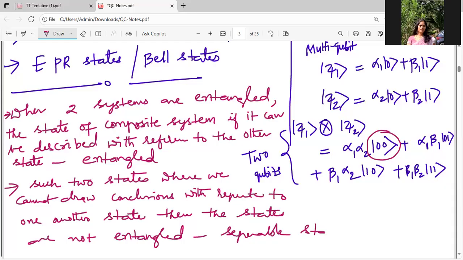They can be called separable states. Also, there's another name, product states.